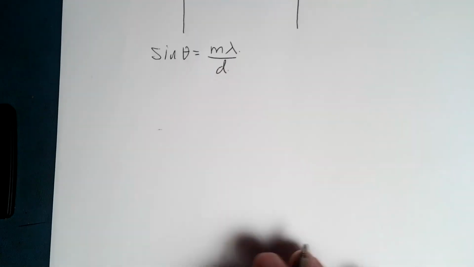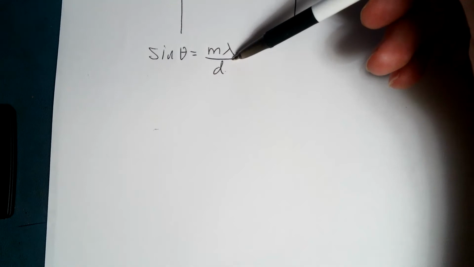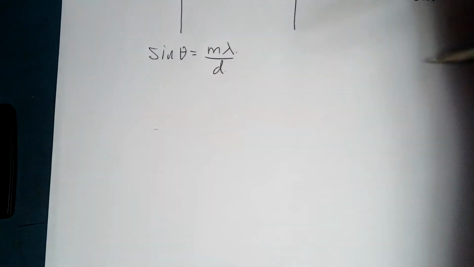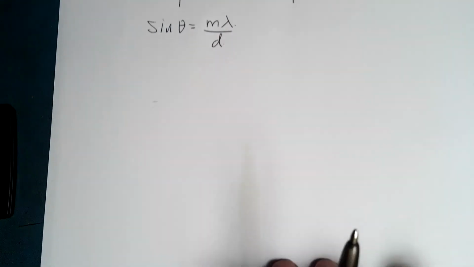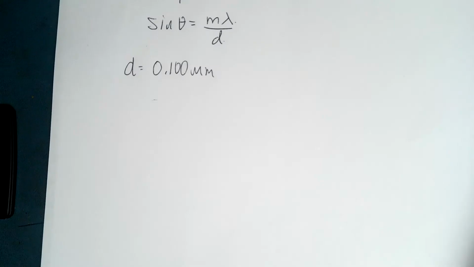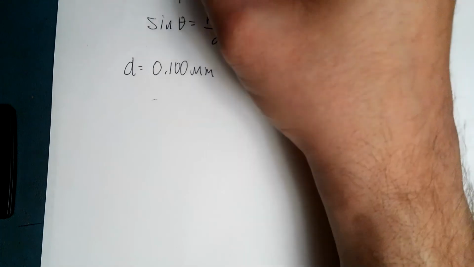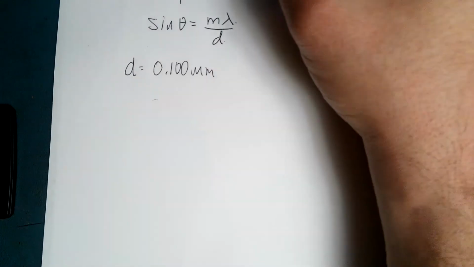So without even following the derivation or anything, this is the equation for double slit. Okay. So for this example, we're told, okay, millimeters. The slits are 0.1 millimeters apart. Now we're also told this distance here from the slits to the screen.